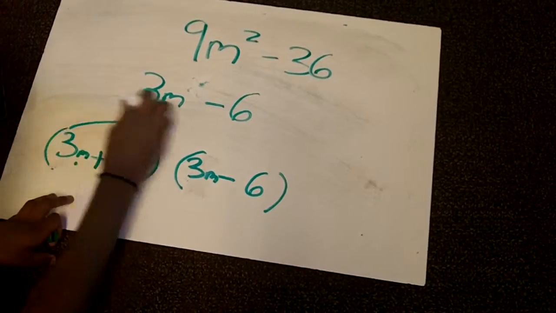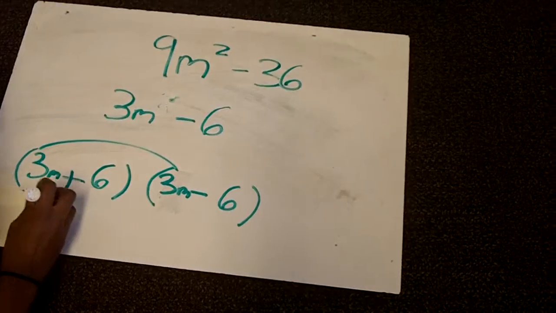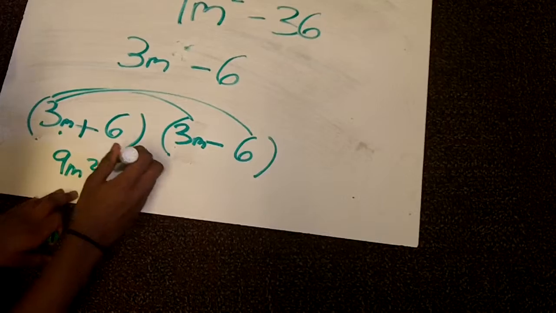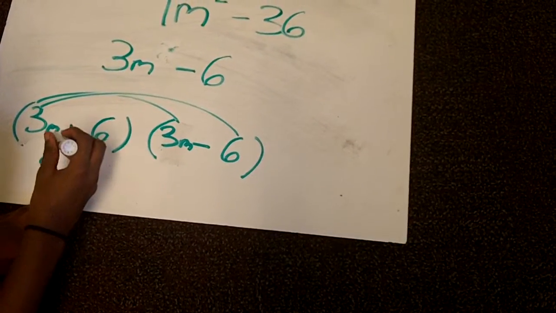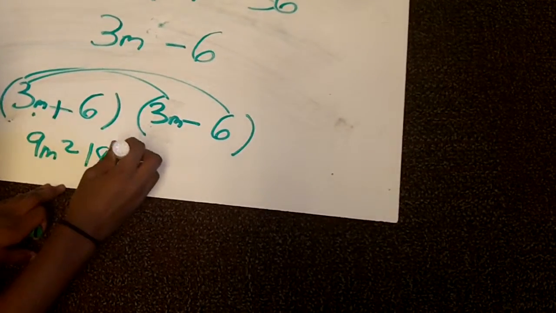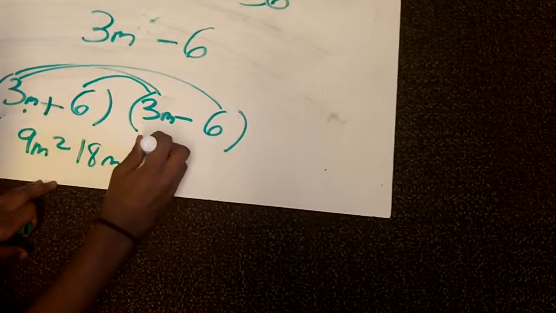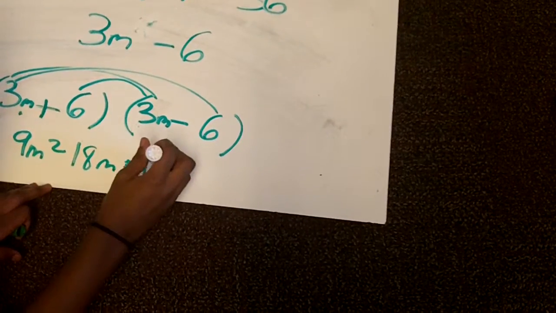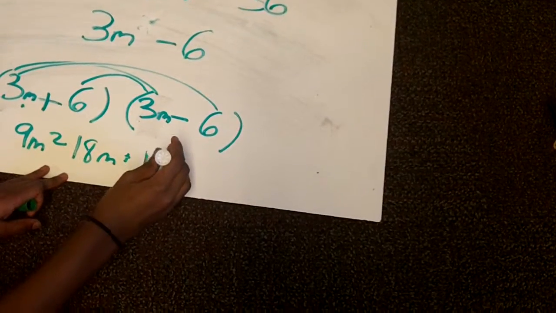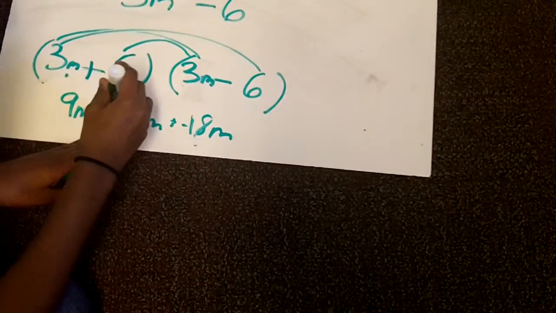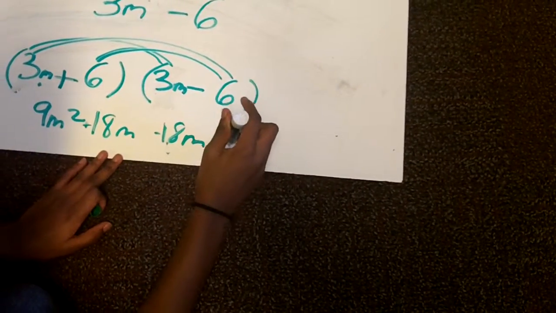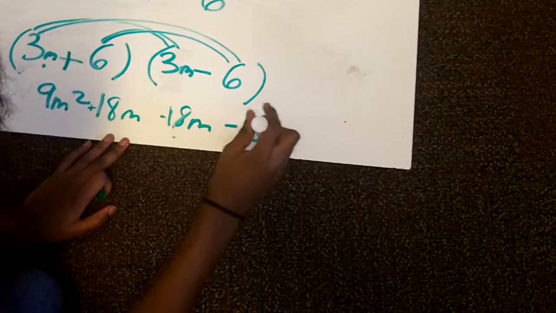This works because if you multiply them, you get 9m squared, and then you should get 18m, plus 18m negative, so this would be plus, sorry about that, and then multiply these two, and you would get negative 36.